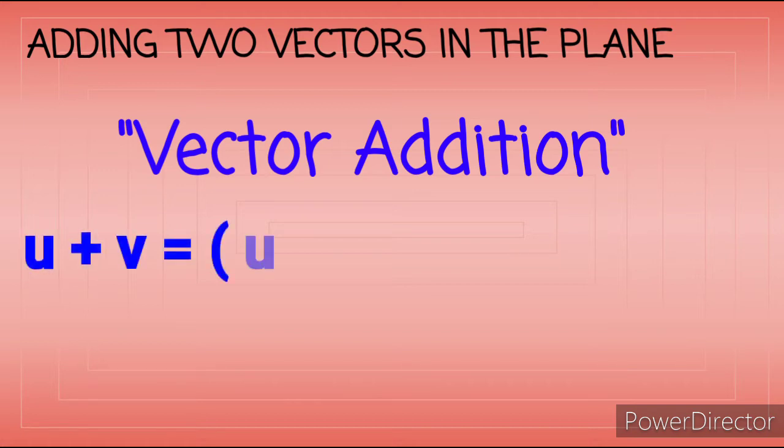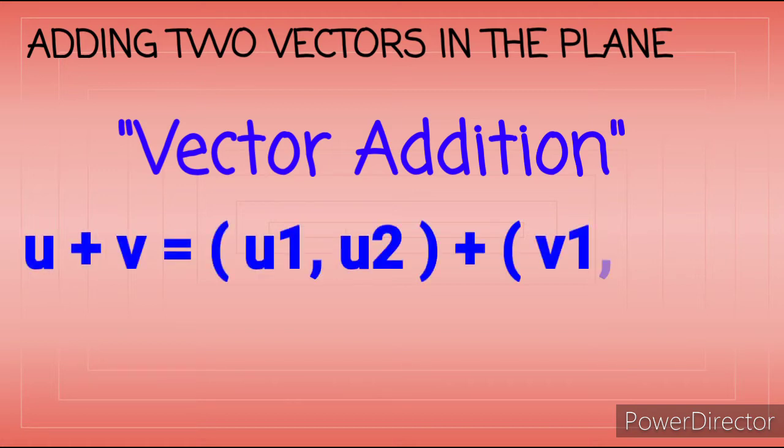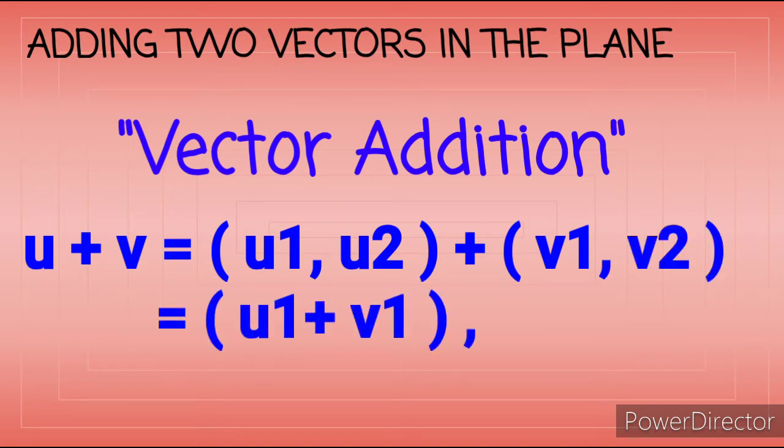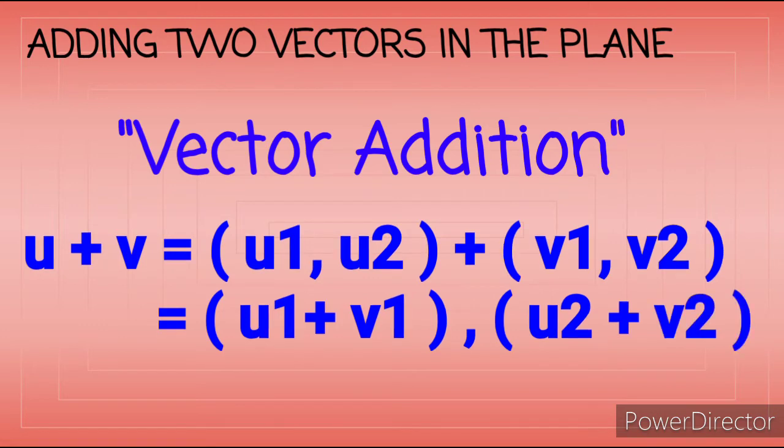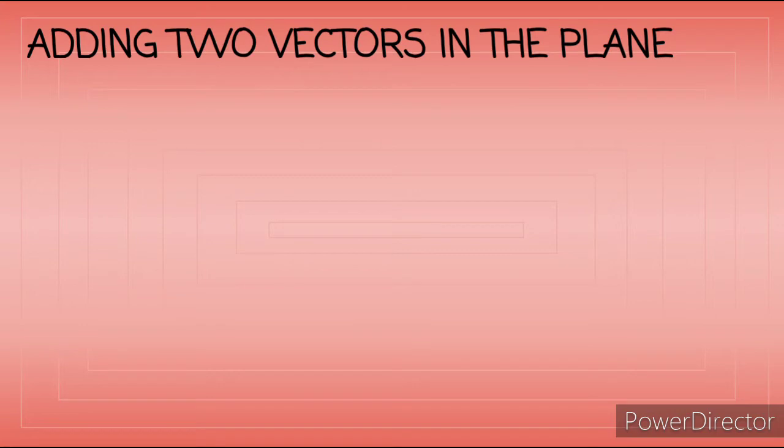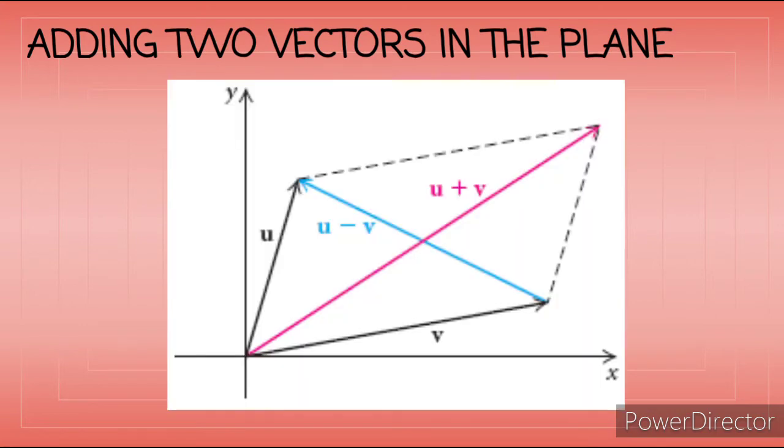That is, u + v = (u1, u2) + (v1, v2) = (u1 + v1, u2 + v2). Also, the sum of two vectors in the plane can be represented geometrically.